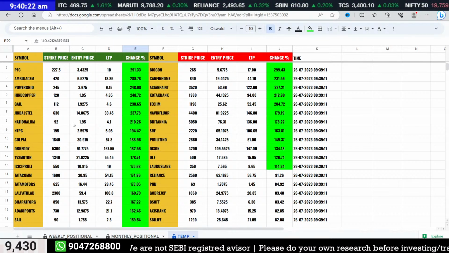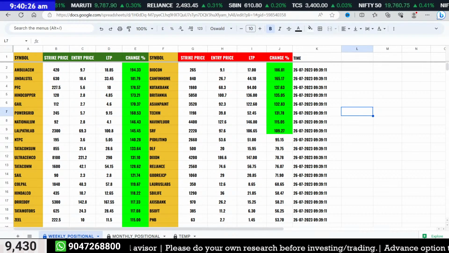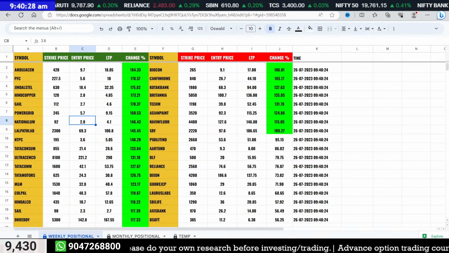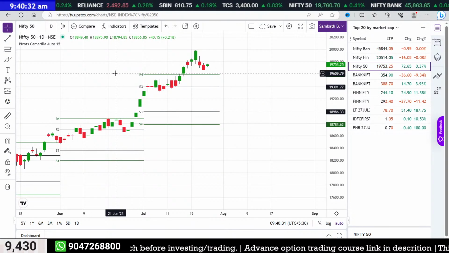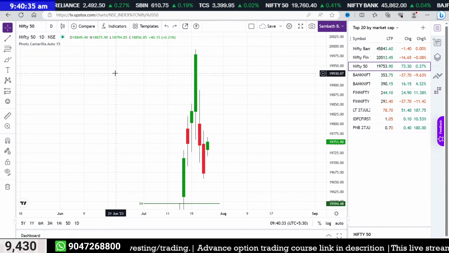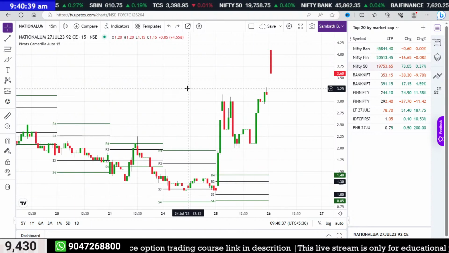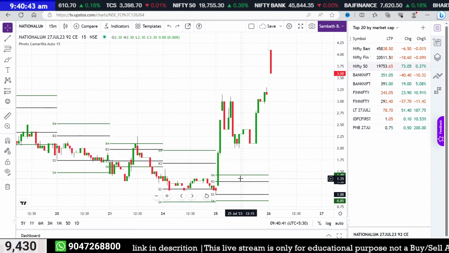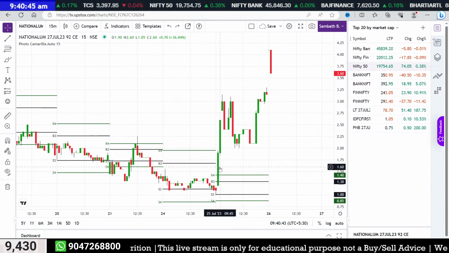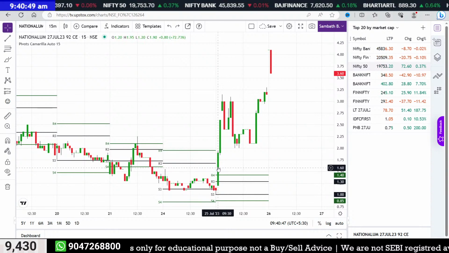Look at this, National Aluminium 92. As per this temporary sheet 1.95, as per weekly about 2.8, but both are working. So that's why I just opened that particular chart. Look at this. It started 1.8, maybe 1 point, today only I think it is triggered by the opening itself.